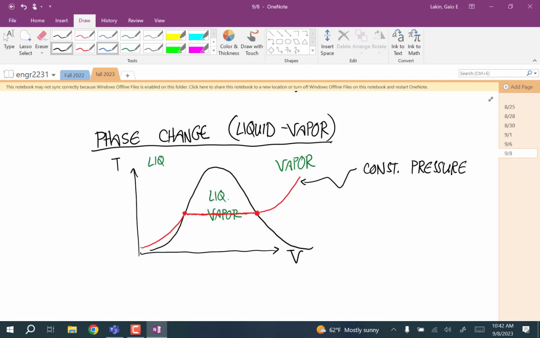And so if you had a higher pressure, it would look something like this. That's if you increase the pressure. And for a lower pressure, you'd get something like this.